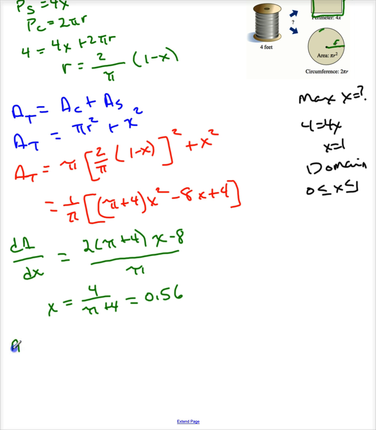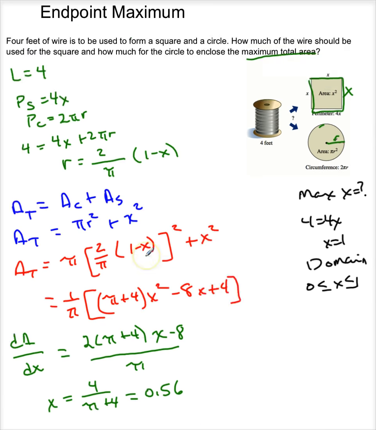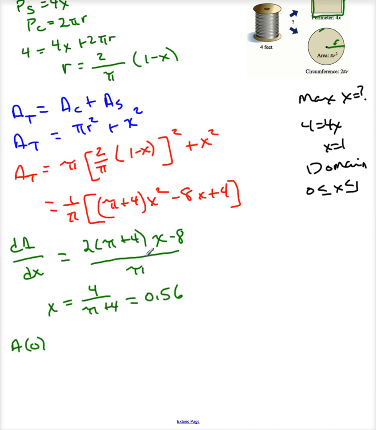The area when x is 0. Now I'm going to go back to my original area equation right up here. Sorry. This area, when I plug in x equals 0, I get 4 over pi, or about 1.273.